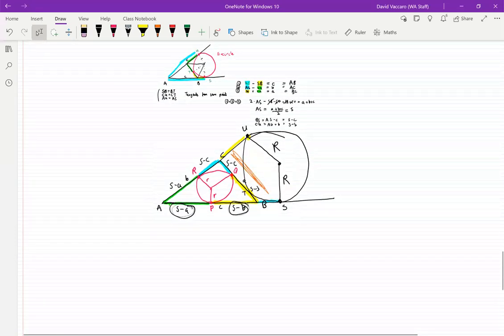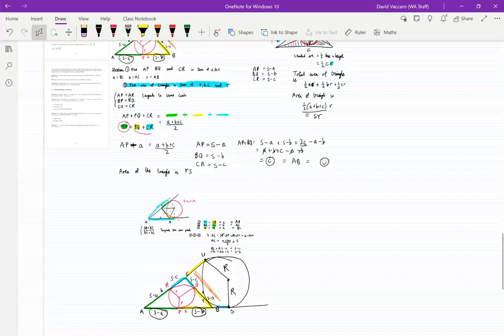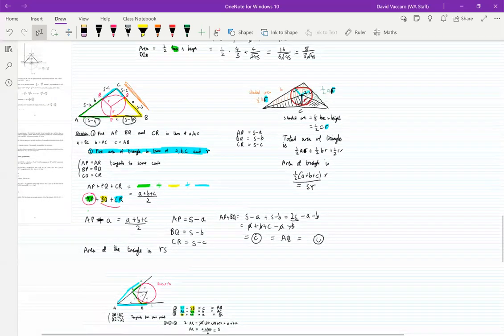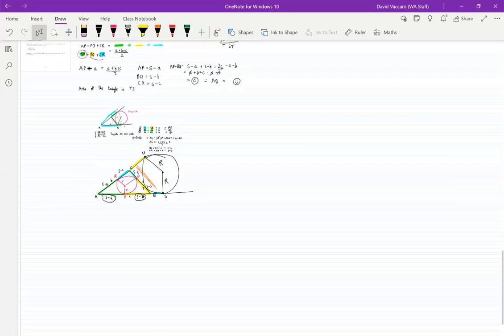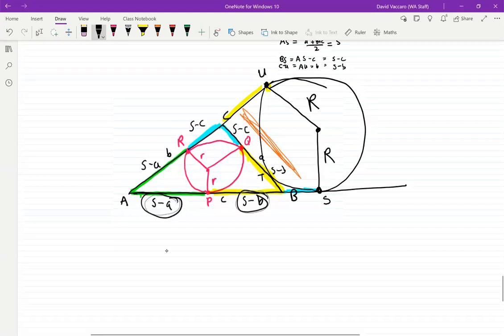Well, what I would like to do is use this geometry to get a formula for the incircle of the triangle. So my goal is to find little r. The reason I would like to find little r is that the area of the triangle is rS, so if I find little r, that would tell me the area of the triangle.